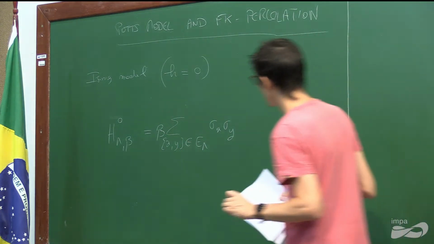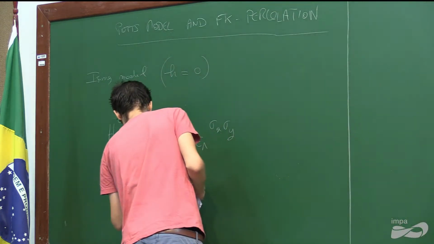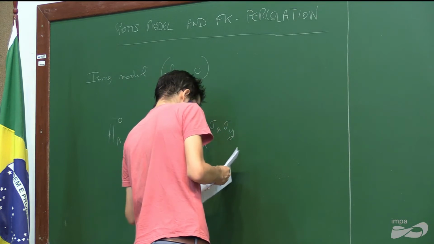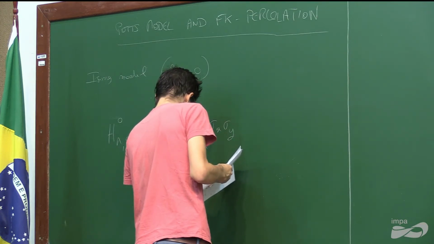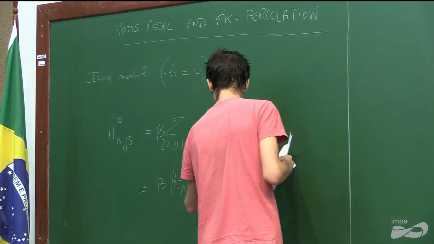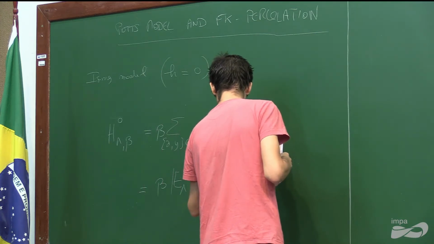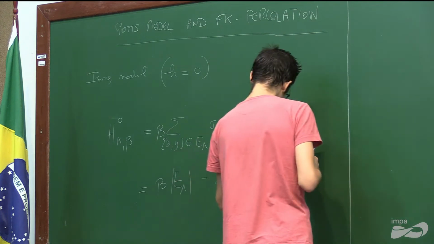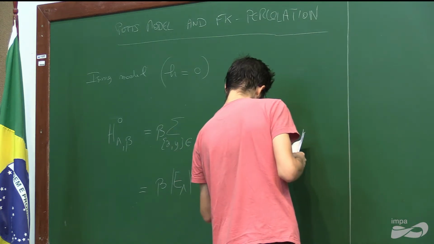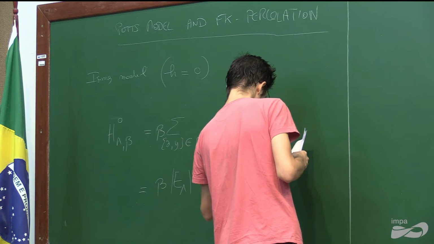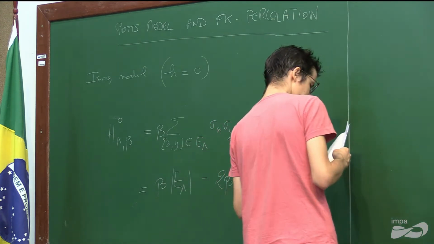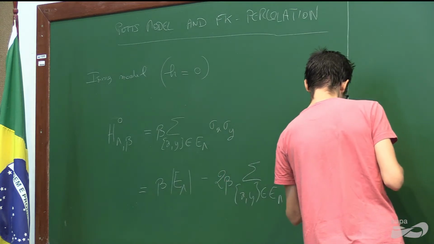And a way you can rewrite it is beta times the number of edges in the box minus 2 beta times the sum over x, y in E lambda times the indicator that sigma x is different from sigma y.